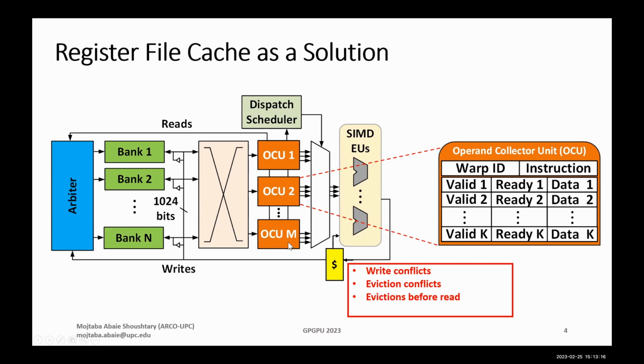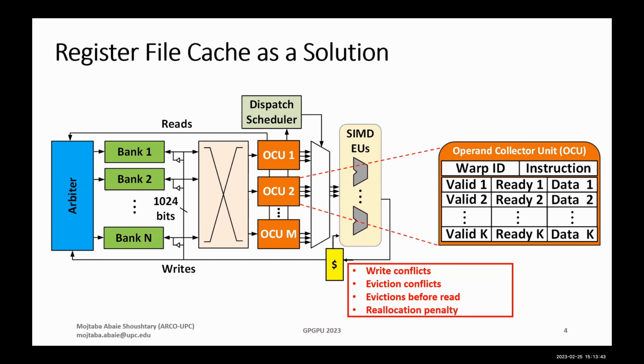We may evict that value before the instruction reaches the SIMD units, because we have a delay between the tag check and when the instruction receives all the operands and will be executed.